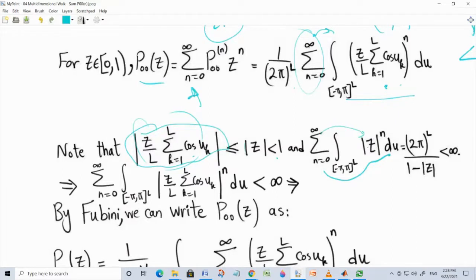and you can basically move the summation inside. And because the magnitude of z is less than 1, you can apply the geometric series formula, and you will get this finite result. You will be left with integrals that will give you 2 pi to the power L. So this is a finite result. So again, Fubini is: you take the quantity that you are integrating, and then you are doing an infinite sum. You take its magnitude.